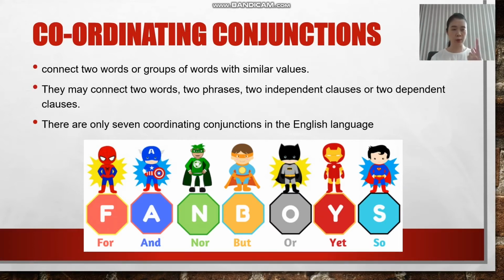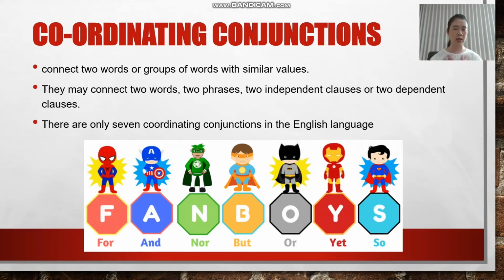Wow, so you can see that we need another level after this. Here it's only the word level that we are studying about the parts of speech, right? But later, once we join words together, what we get is the phrase level and then the clause level. At the end, we get the sentence level. So don't forget these two words, independent clauses and dependent clauses.